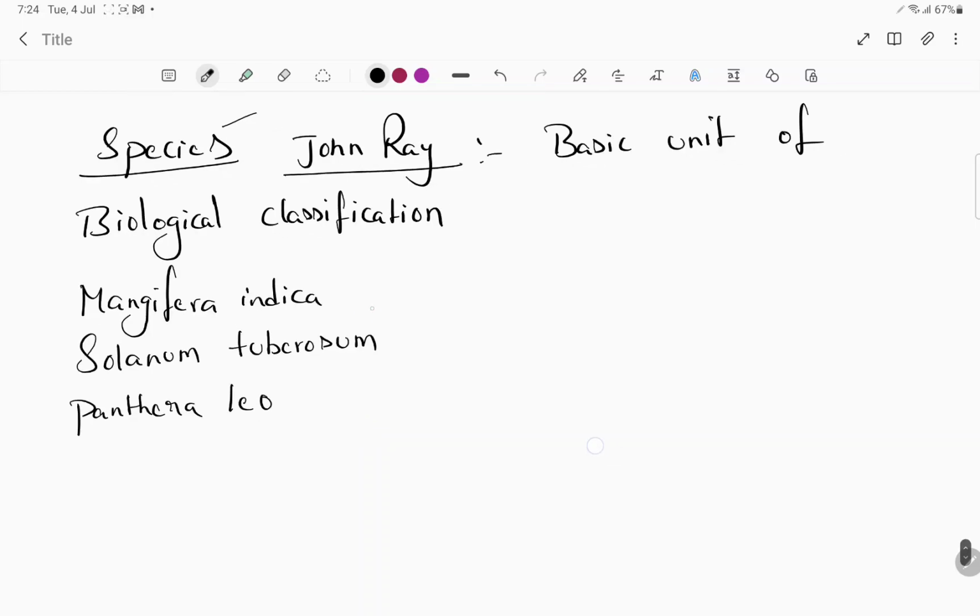In these names, indica, tuberosum, leo are the specific epithets, meaning species.